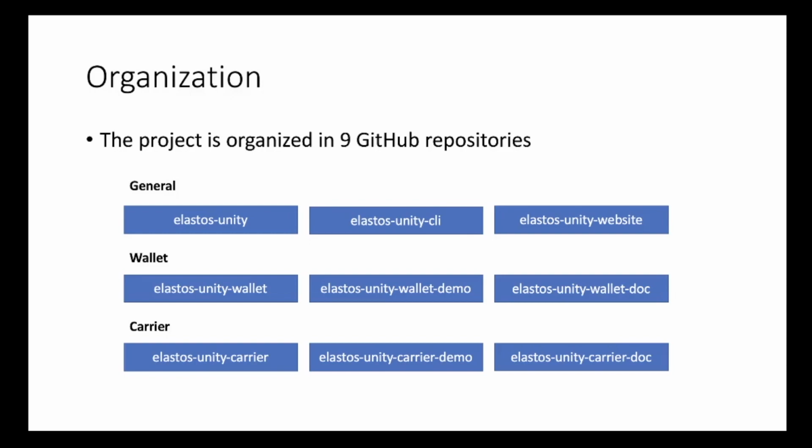The wallet and carrier categories here have each 3 different repos: the original repo with the code, the demo repo with a React Native demo app using the carrier or wallet functions, and the doc repo containing the documentation of the different functions.